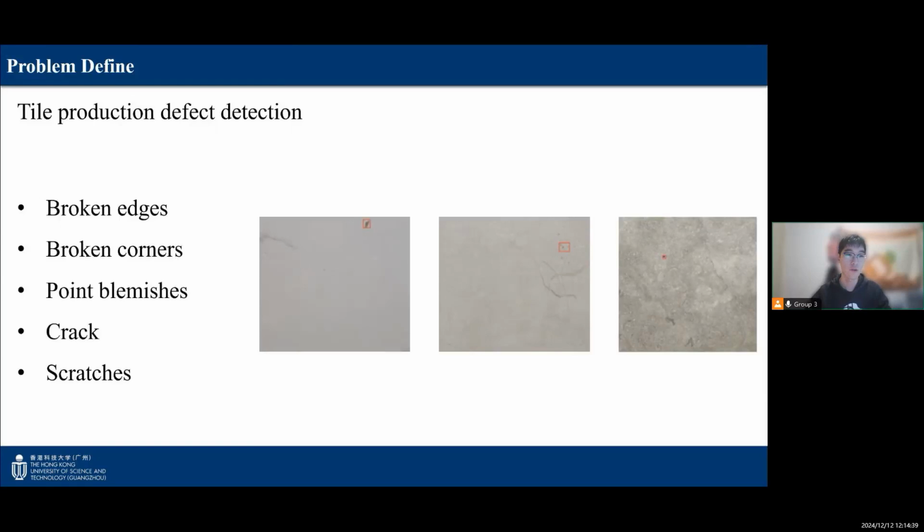Okay, so we define our problem as tile production defect detection.